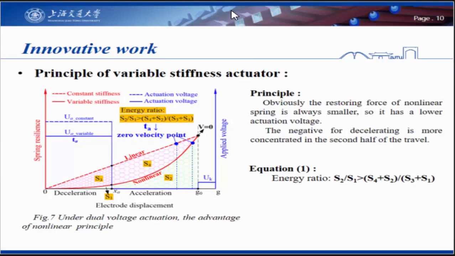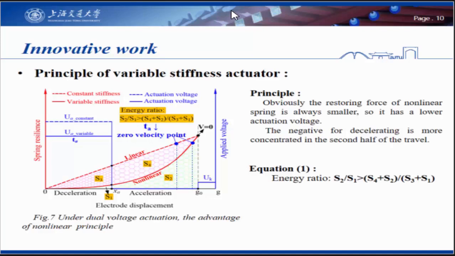The x-axis is the displacement of the moving electrode. The red line is the spring force, and the blue line is the dual actuation voltage. For fair comparison, the nonlinear and the linear spring have the identical restoration force and the closing position G0.